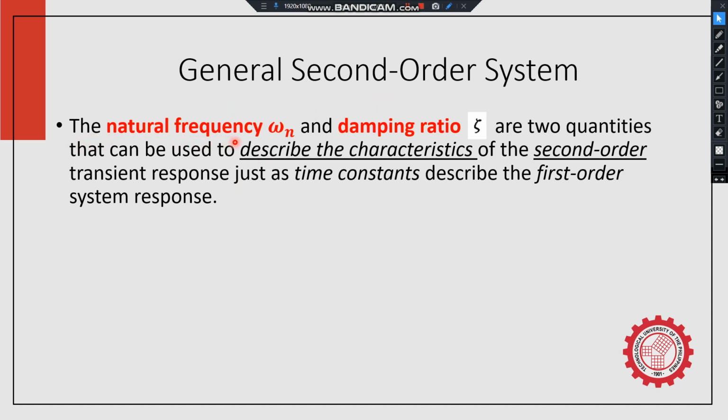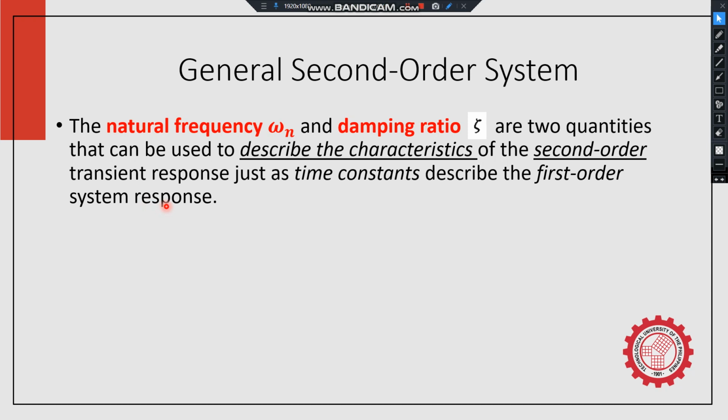So the natural frequency with this symbol and the damping ratio with this symbol are two quantities that can be used to describe the characteristic of the second order transient response, just as the time constant describes the first order system response.